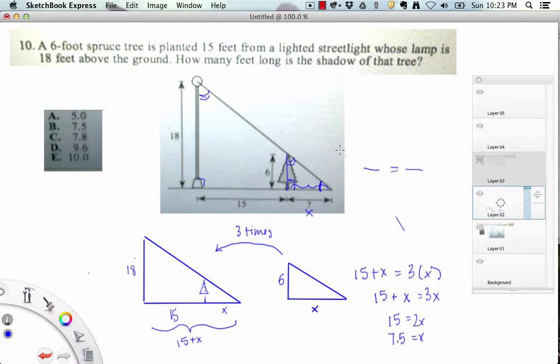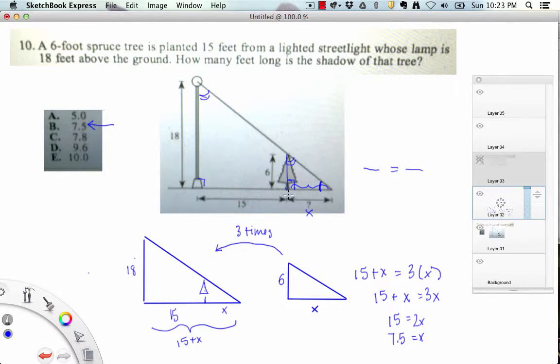And I'm just going to check quickly to see if there's any unit trickiness. So 6 feet, everything is in feet. So 7.5 is our answer there.